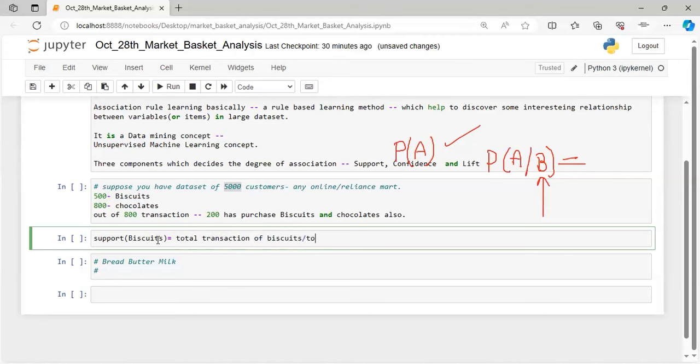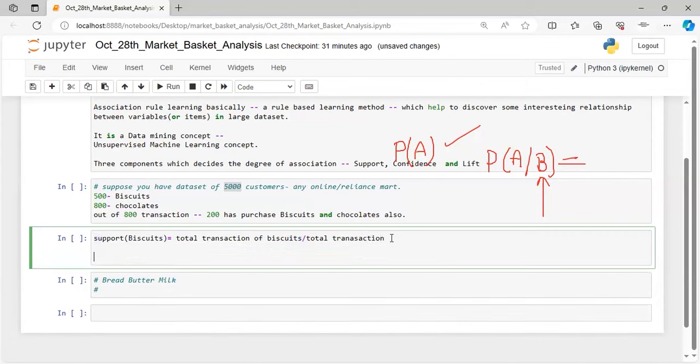So basically what is this? It is the probability, nothing else. We are finding the probability of biscuits. So this will be 500 divided by 5,000. So finally we can find the support of biscuits: 500 divided by 5,000. This is nothing but the probability of biscuits.